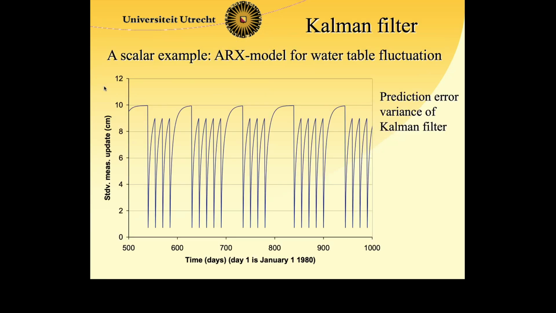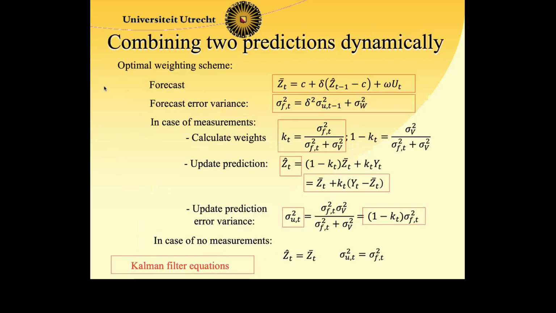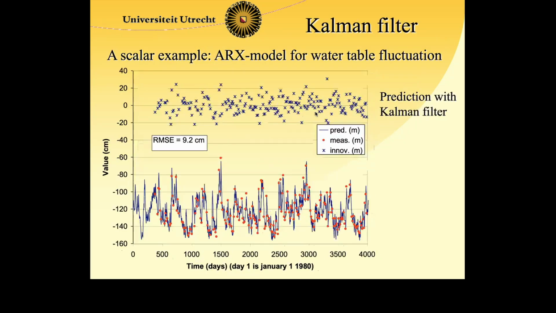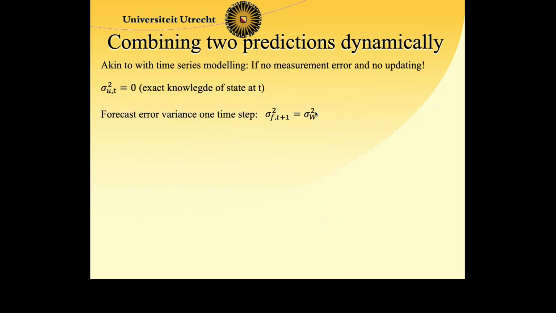So if we go back to our equations, then the forecasting error, of course, because this one would be 0, the forecasting error of one time step ahead would be exactly equal to the variance of the model error, yeah? Sigma_w squared. So one step ahead would be equal to that.